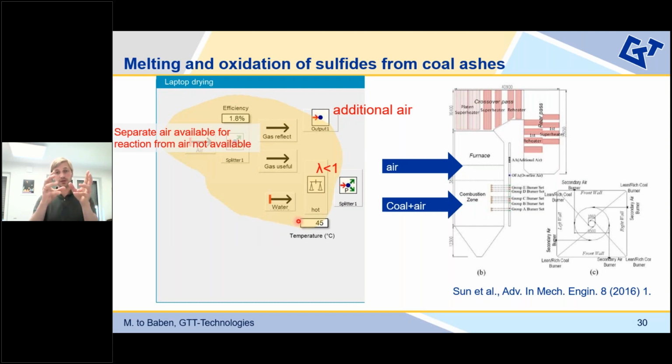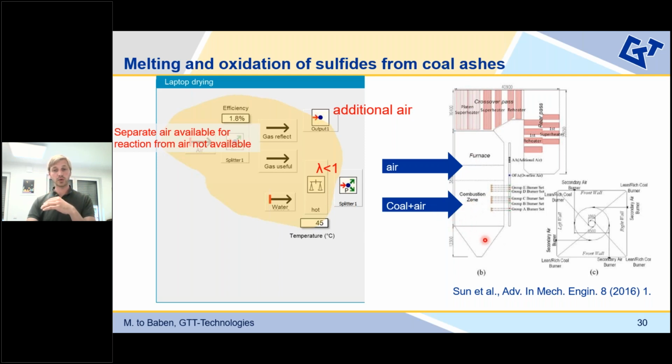Because particles might fall down in here, ash particles and also coal particles, and there they would not have enough air to react with these particles. So we basically have a separation or an amount splitter on the air, where the additional air would move up here and not really take part in the reaction.